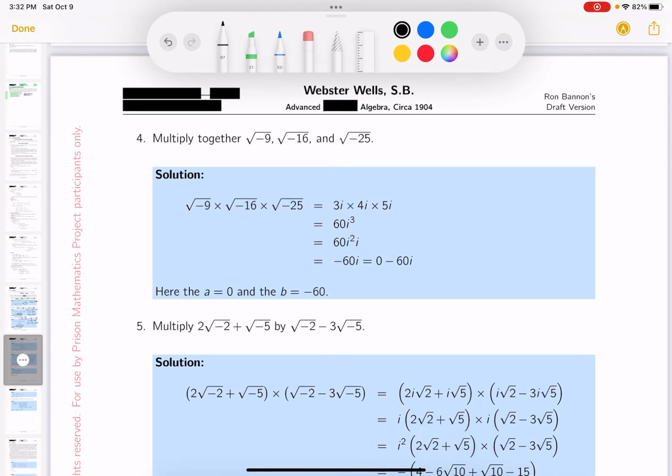Let's keep going. Relatively simple stuff. This over here, same thing. They want to multiply together. I'll write it down for you. It's going to be root of -9, the square root of -16, and the square root of -25. One thing at a time. First factor is going to be 3i. The second factor is going to be 4i. And the third factor is 5i. Yeah, I'm going a little faster now. I'm going to move things around. It's commutation. And I would see i squared i.